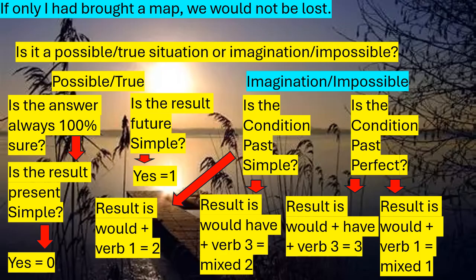If only I had brought a map, so it is past perfect. And the result is we would not be lost. So we would plus verb 1. We would not be lost. So this is a mixed type.